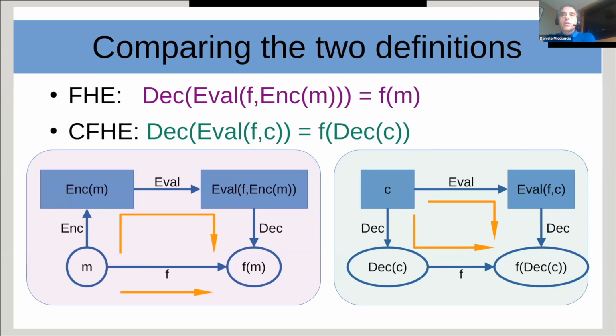In this newly proposed definition, composable FHE, or fully composable homomorphic encryption, we go from the upper left corner to the lower right corner of this diagram, and we can either perform first decryption and then evaluation, or first evaluation and then decryption, and we require these two processes to lead to the same result.